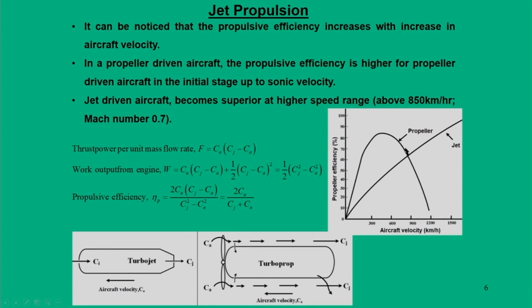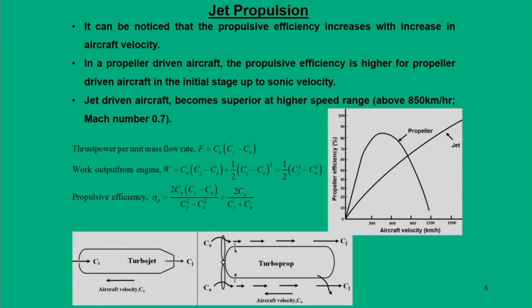So, when the propeller's propulsive efficiency drops, in contrast, for the jet engine, its propulsive efficiency keeps on increasing with the aircraft speed. That means at one particular instant, the jet engine takes the advantage over the propeller engine.